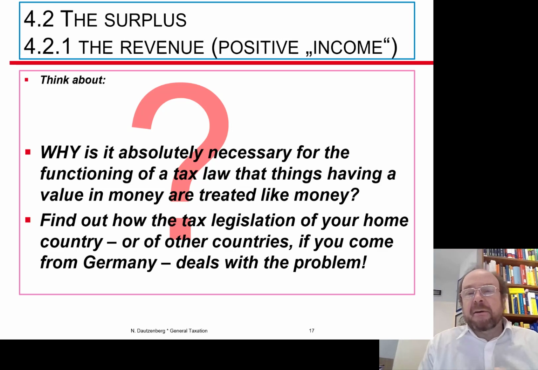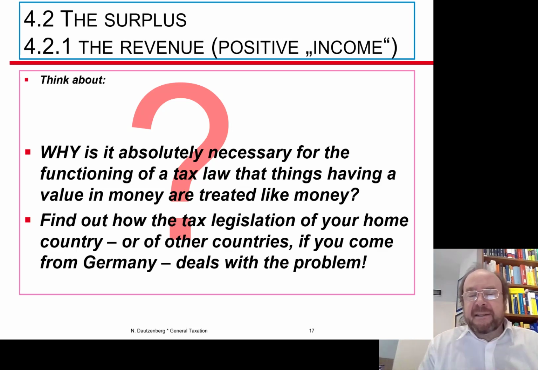Now, first of all, think a bit. For example, about your home state law, about German law, about the law of other countries. Why is it economically absolutely necessary for the function of a tax law that you can't restrict yourself to taxing revenue, which is money?